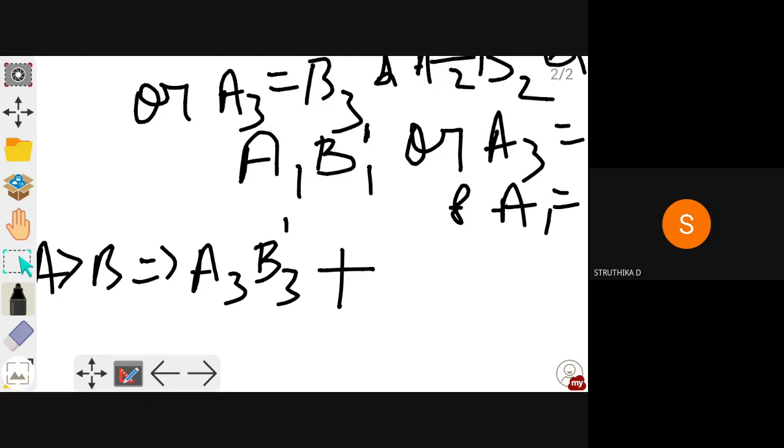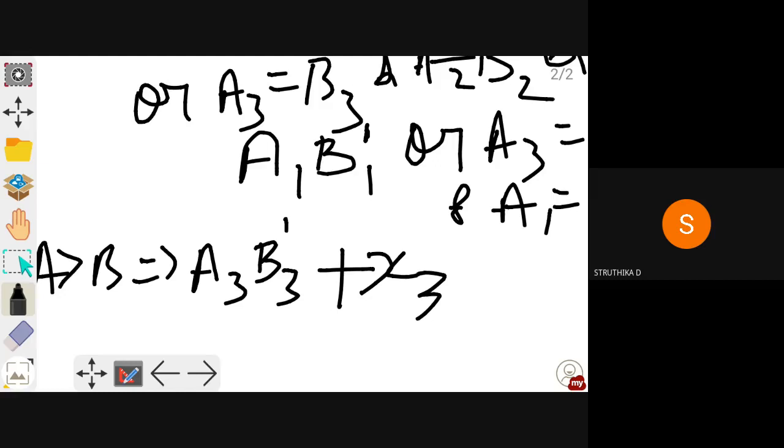We have already proved it. A3 equal to B3 means if A3 is 1, B3 should also be 1, and if A3 is 0, B3 should be 0. For that, what condition should we have written? A3 B3 plus A3 dash B3 dash. So you have assigned that variable to x3. Therefore here, for A3 equal to B3, I am writing it as x3.